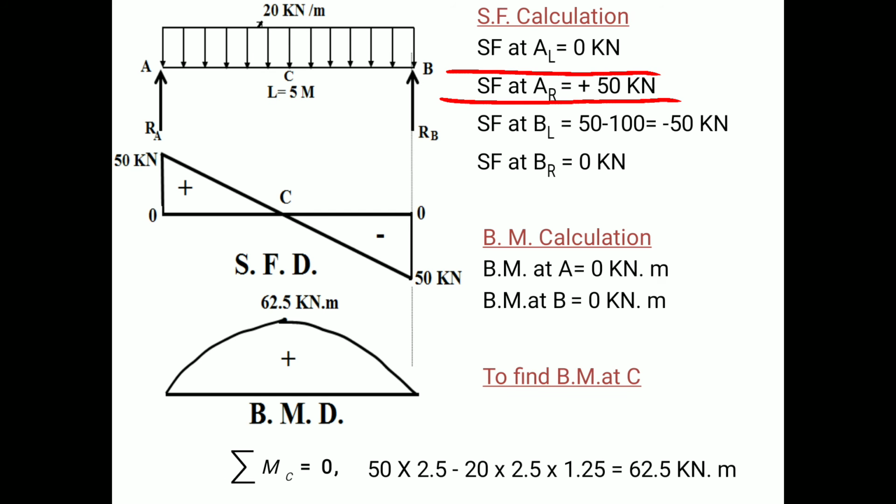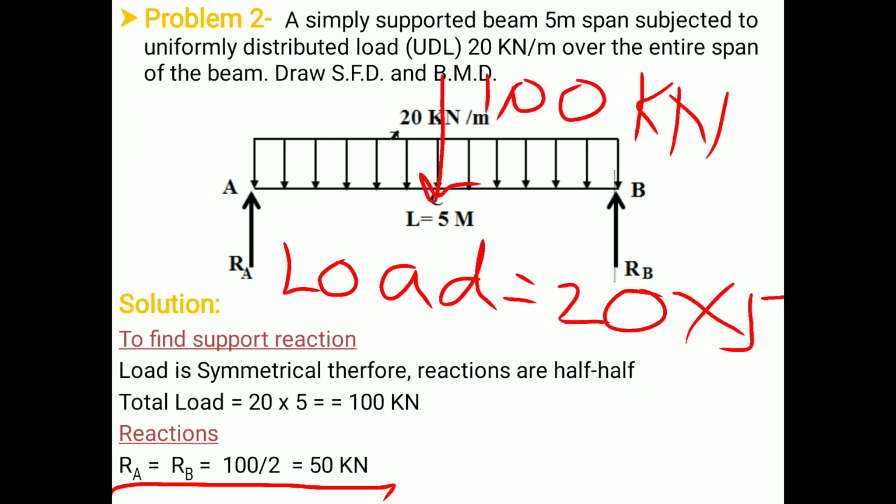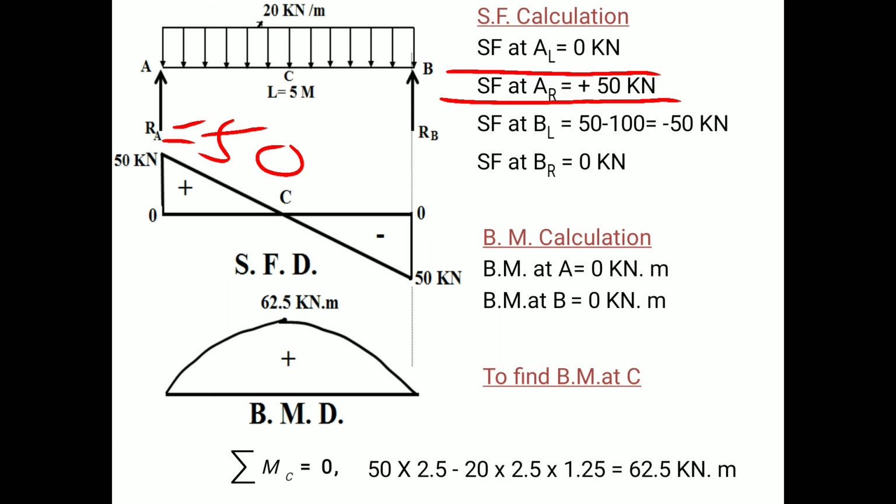Why is it positive 50 kilonewton? Because the reaction at RA is 50, as derived earlier. RA is 50 and RB is also 50. So this 50 kilonewton reaction is acting in the upward direction, therefore above the baseline or zero line we have a positive sign.